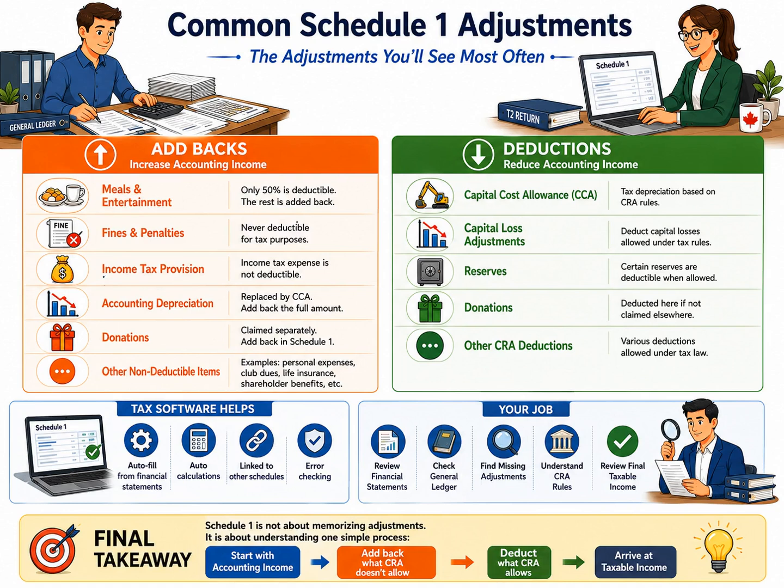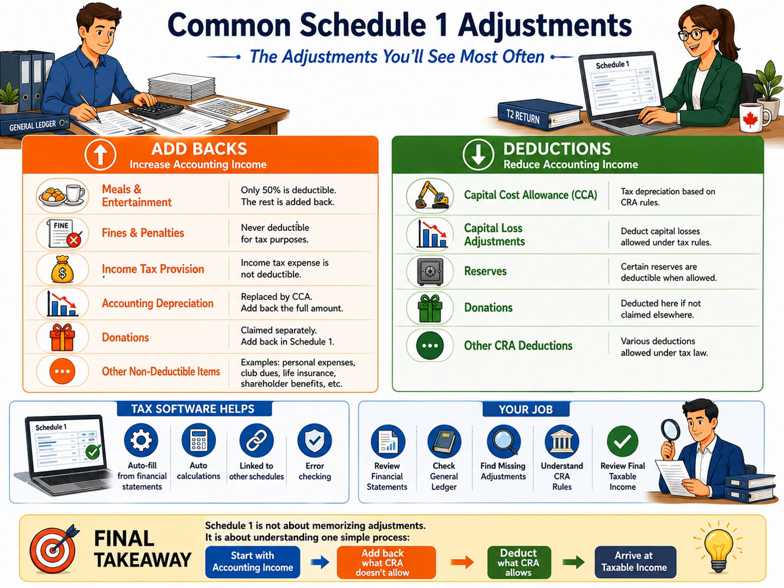Schedule 1 contains many different adjustments, but don't let the long list intimidate you. Most small business corporations use only a handful of these adjustments each year. The adjustments are divided into two simple categories: add-backs and deductions. Add-backs are expenses that were recorded in the accounting records, but are either not deductible or only partially deductible under the Income Tax Act.